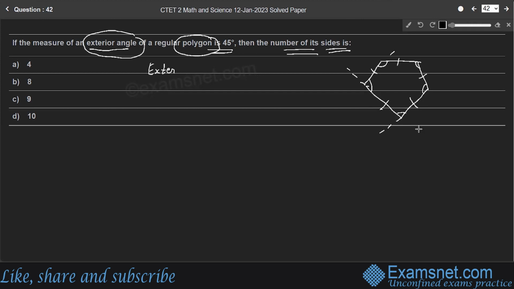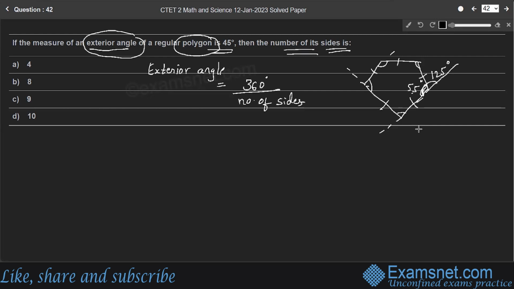Exterior angle means if you consider an angle in a polygon as 55 degree, for example, its exterior angle becomes the angle which is outside, so that their sum is 180 degree, right? So the exterior angle measures 125 degrees, so that you will get a straight line by adding these two, right? Therefore, the exterior angle in a regular polygon is always 360 degree divided by the number of sides.